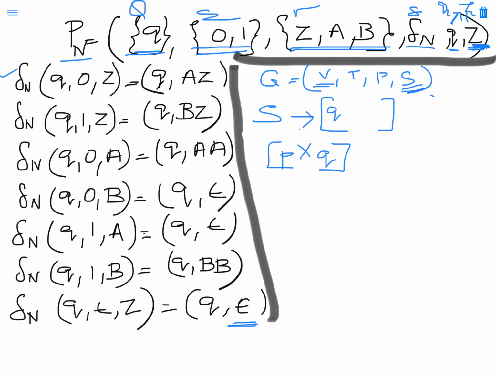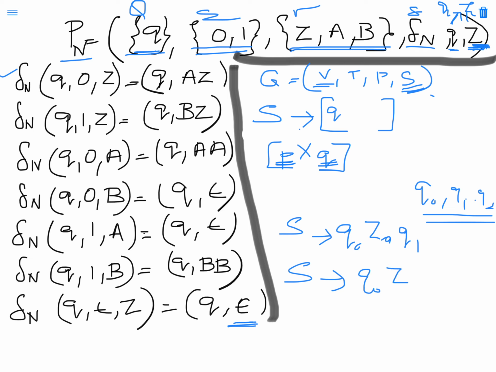If there is more than one state, Q0, Q1, Q2, you need to write the productions for all these states: S gives Q0 Z0 Q0, S gives Q0 Z0 Q1, S gives Q0 Z0 Q2, where Z0 is the initial stack symbol.